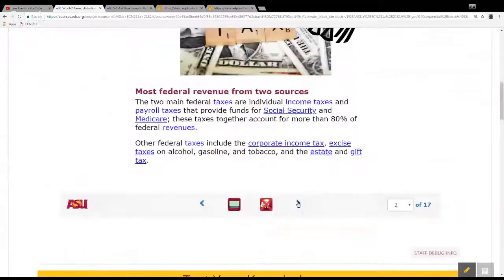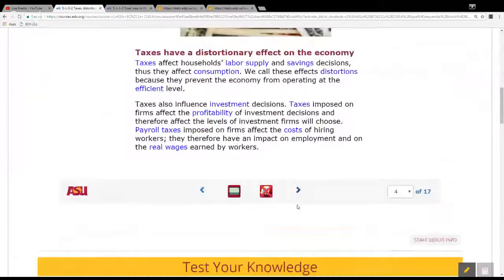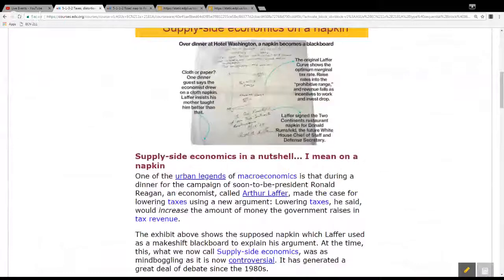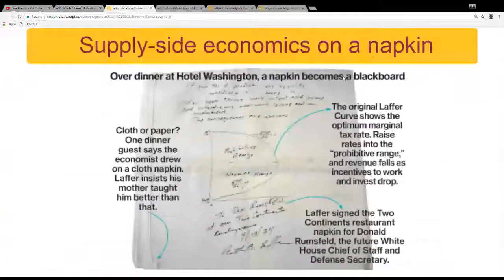And what we're going to do is look at something called the Laffer curve. An urban legend has it that Arthur Laffer, who was an economist at the University of Chicago, drew on a napkin for Donald Rumsfeld, who was working for the campaign for Ronald Reagan, who wasn't president at the time, he was running against Jimmy Carter, the following thing.